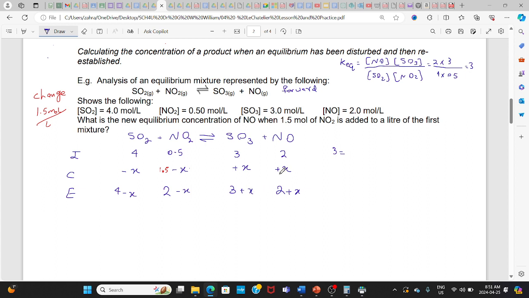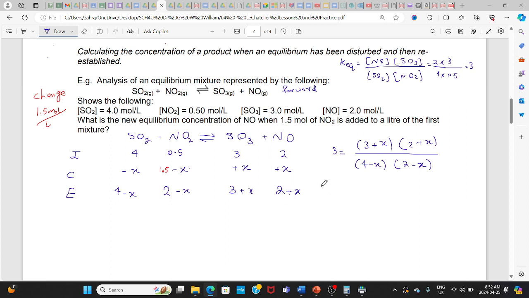Okay, good. Now I'm going to establish this KEQ, the product over reactant: 3 plus x, 2 plus x, products go on the top, and the reactants here are 4 minus x, 2 minus x. I need to expand this. Let's do that.